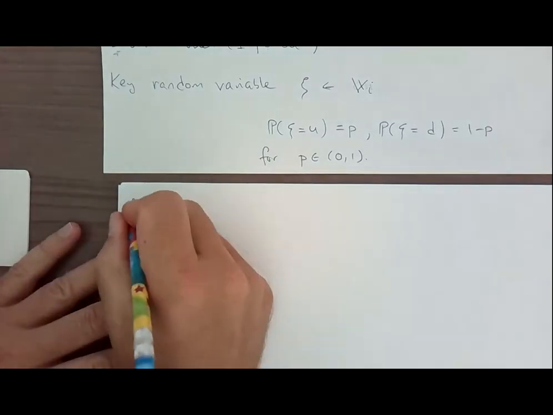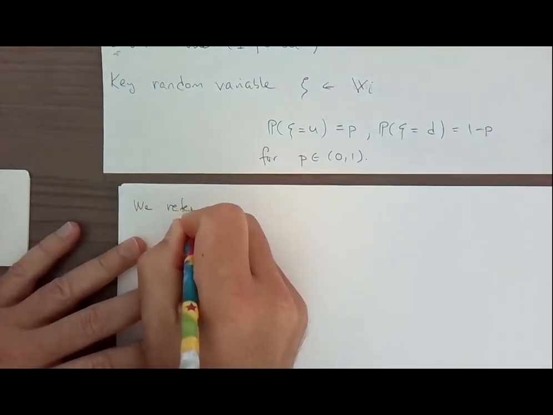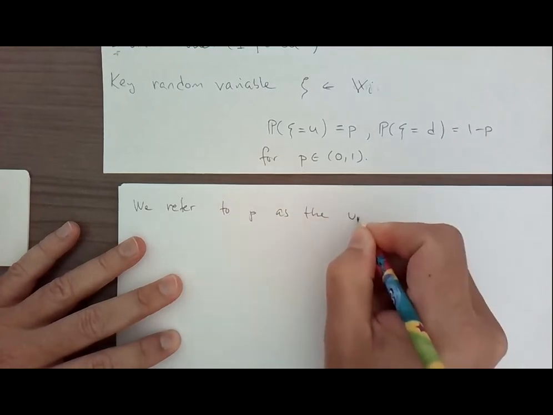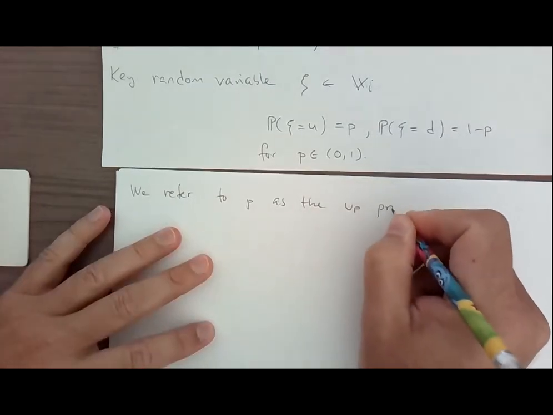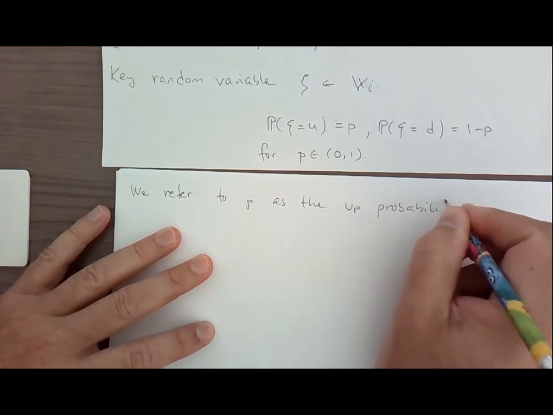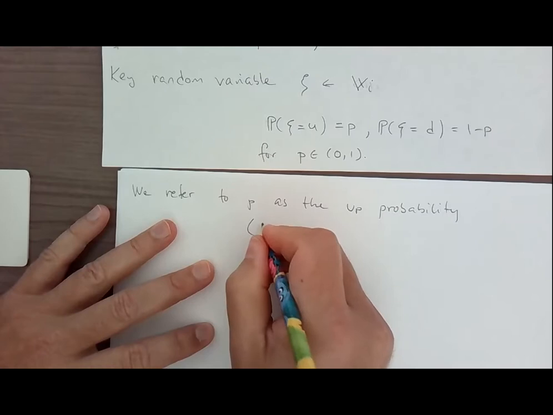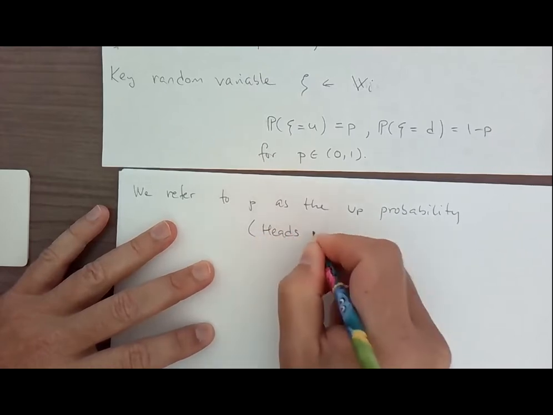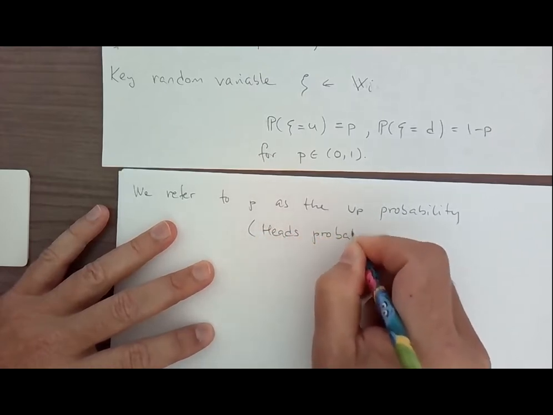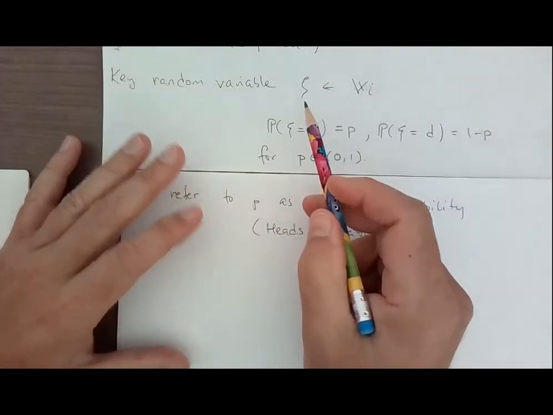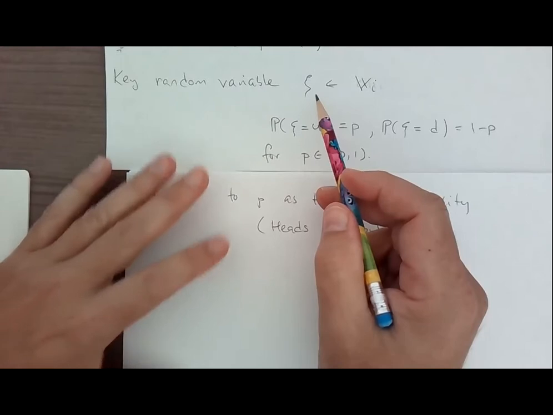So we refer to this p as the up probability, also sometimes called the probability of heads. Very often we'll think about psi as the outcome of a coin flip.